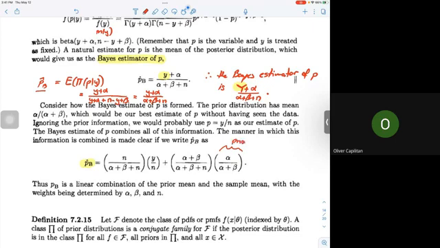So this is the prior mean. And the sample mean. This is the sample mean because our y here is actually the summation of the x sub i's. So if we divide that by n, this is equal to the sample mean.